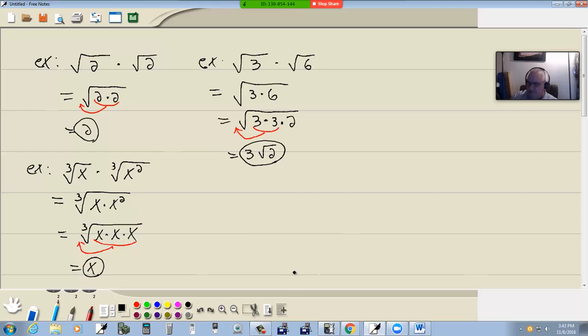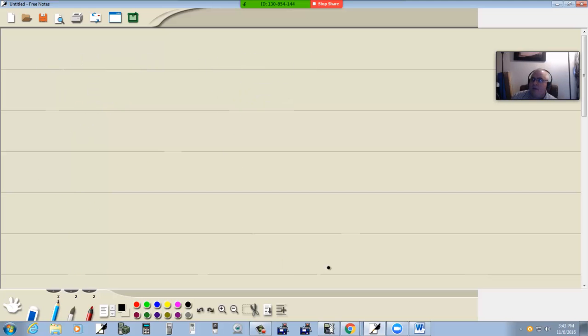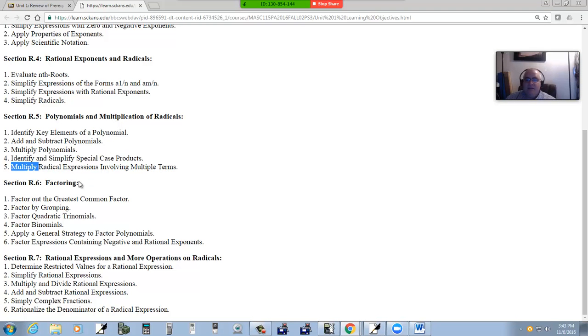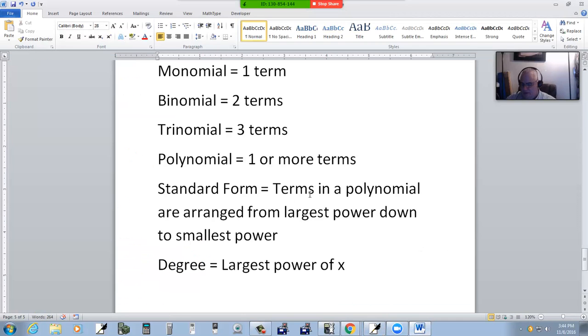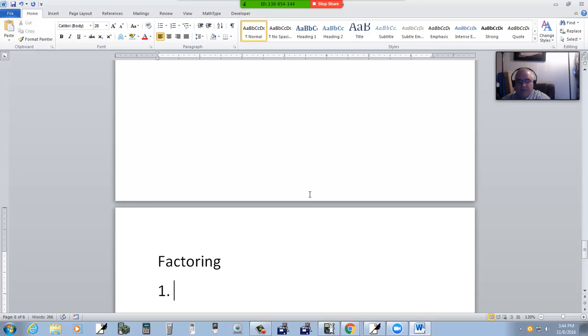Let me erase that. And let's take a look at factoring. For our factoring, our first technique is GCF, and that stands for greatest common factor.